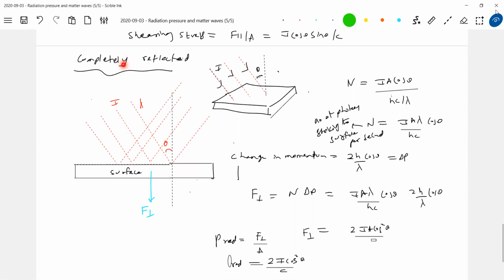So if a beam of light is incident at an angle theta and it is reflected, then we don't get F parallel. If it's completely reflected, there won't be F parallel. No shearing stress will be there, with a perfect reflector. Now I'm using the word completely reflected, not partially. Completely reflected, these conditions will come.